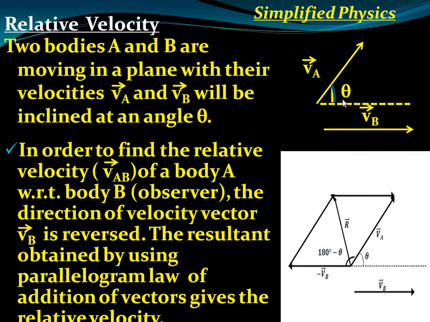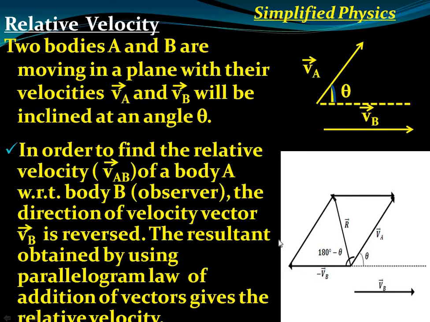Then to find the relative velocity of A with respect to observer B, we reverse the direction of the second vector v_B, giving negative v_B in the direction just opposite to v_B. The resultant obtained by using the parallelogram law of addition of vectors gives the relative velocity of A with respect to B. That means R equals v_A minus v_B.